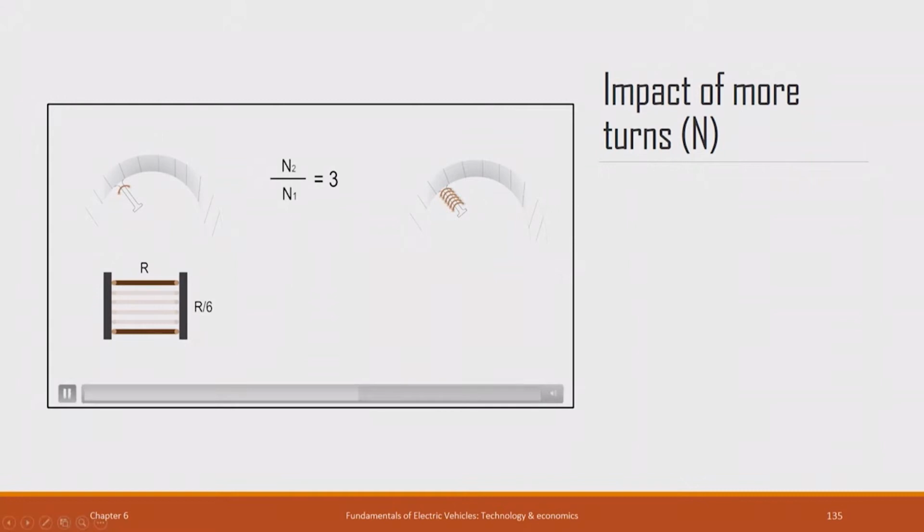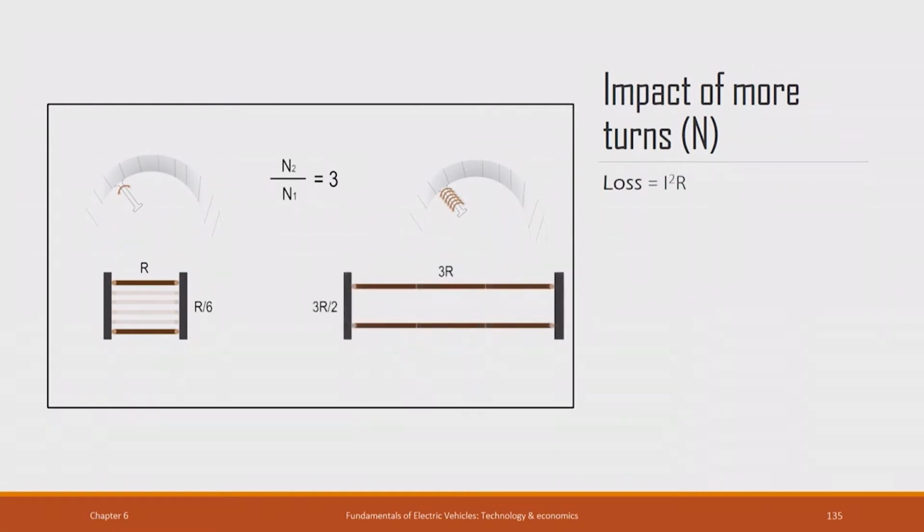Now, if I want to increase the number of turns to 3, the earlier design was 1 turn, but now I want to increase the turns to 3. I want to know what is the impact of increasing the number of turns.